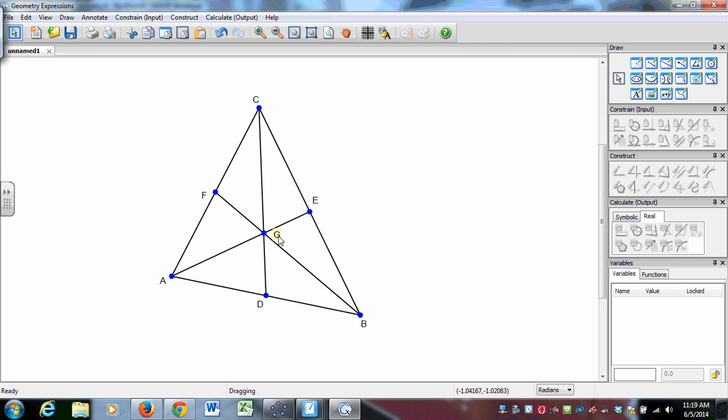That point is the point of concurrency for all three medians.